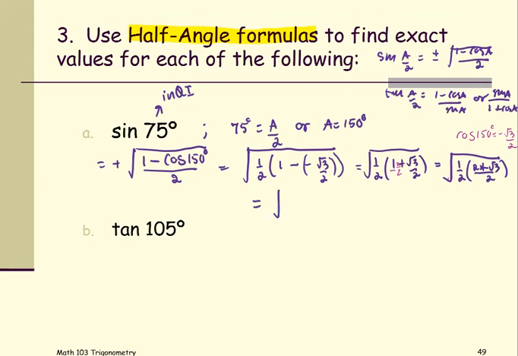Finalize the term to be the square root of 2 plus square root 3, all divided by 4, which we can simplify a little bit more to be the square root of 2 plus square root 3, all divided by 2. So either form.